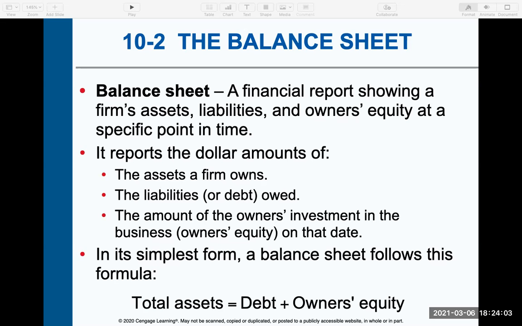And so again, the formula is total assets equals debt plus owner's equity, because we wouldn't have any assets, houses, buildings, equipment, land, anything like that, if it wasn't financed with either capital cash from the owner or from debt that we borrowed, right?